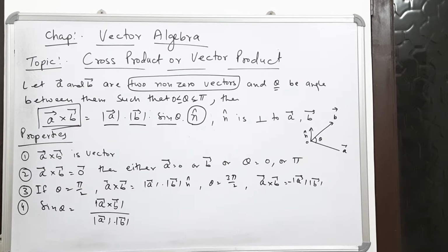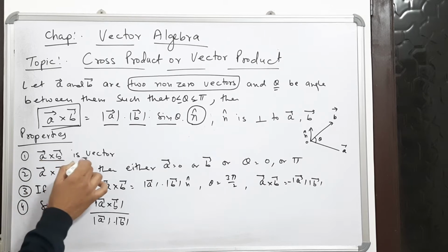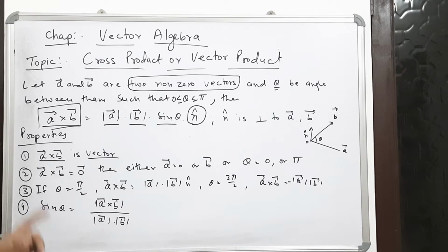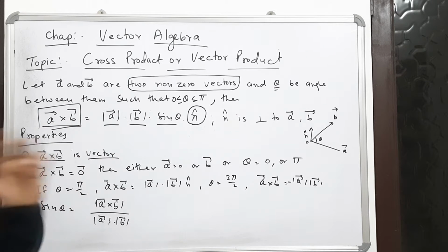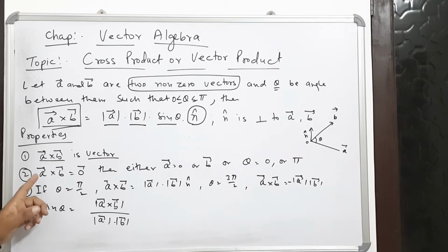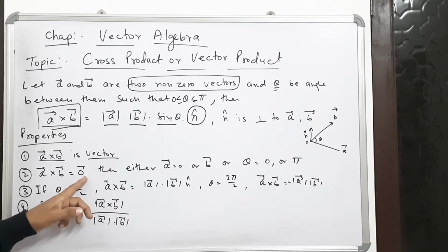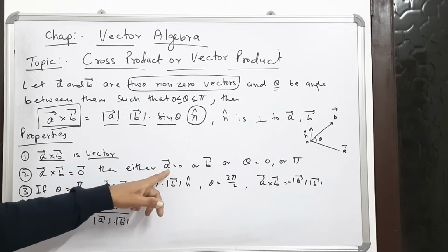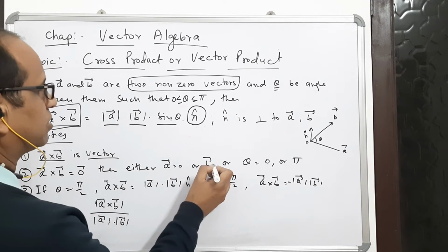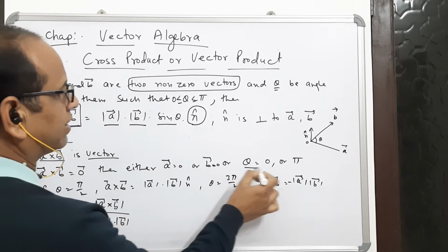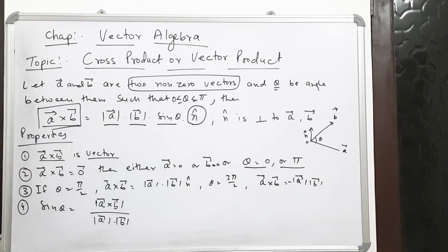Now, what are the properties of A cross B? The first is that A cross B is a vector quantity, whereas A dot B is a scalar quantity. I am taking the comparison of both. If A cross B is the zero vector, then either A is 0 or B is 0, or they are parallel vectors.